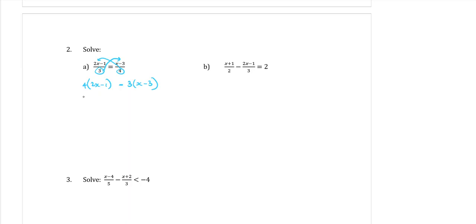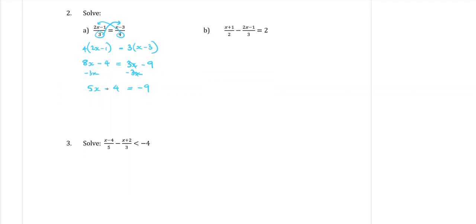So 4 times 2 is 8x, 4 times minus 1, then 3 times x, and 3 times 3 is 9. Then, getting the pronumerals on the left, I'm going to subtract 3x to get 5x minus 4 equals, they cancel off, so I get minus 9. Then I will add 4 to get 5x equals minus 5, and divide by 5 to get x equals minus 1.